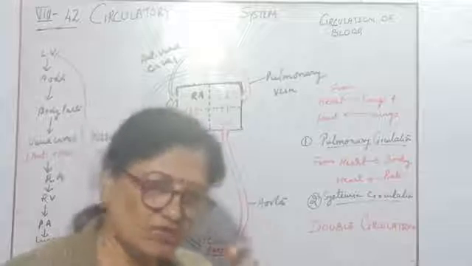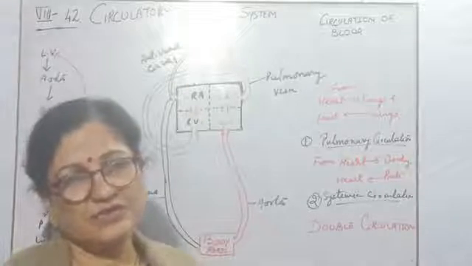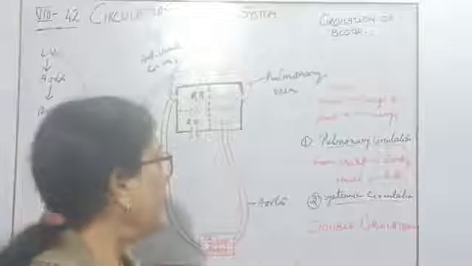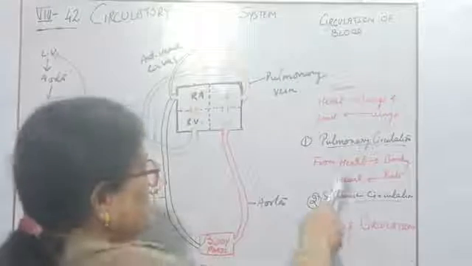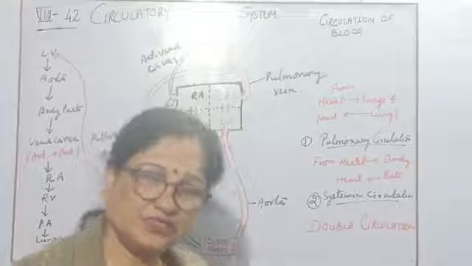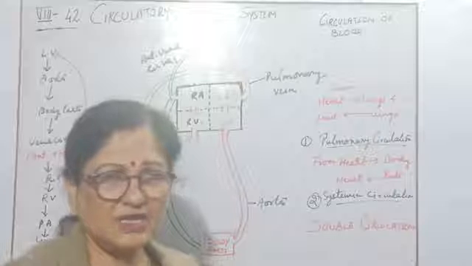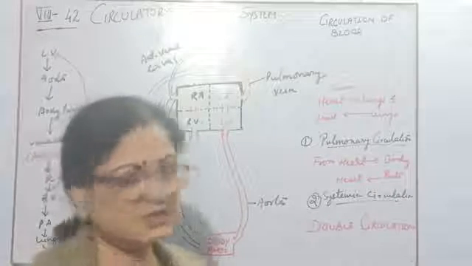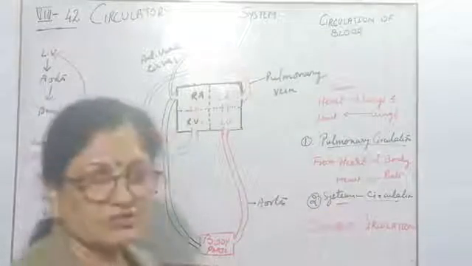It only goes to lungs, and again from lungs it comes to heart. Very short way it is, and the word pulmonary is used for the lungs. Because in this circulation only lungs are involved: from the heart it goes to lungs, and from the lungs comes to heart. Only this much. So this is known as the pulmonary circulation.